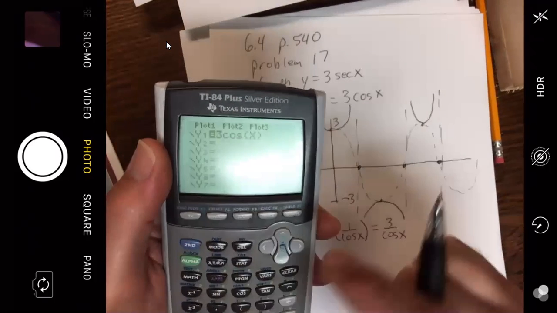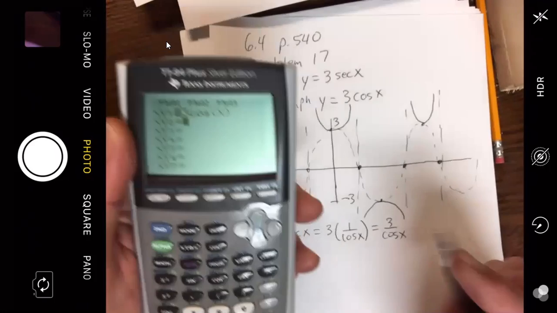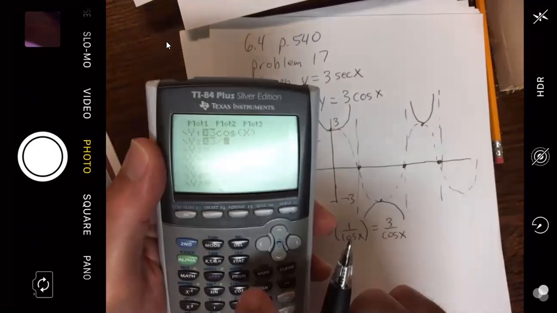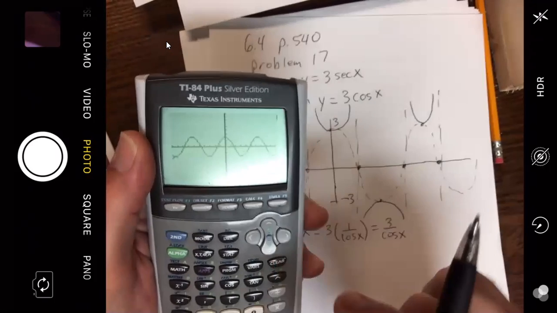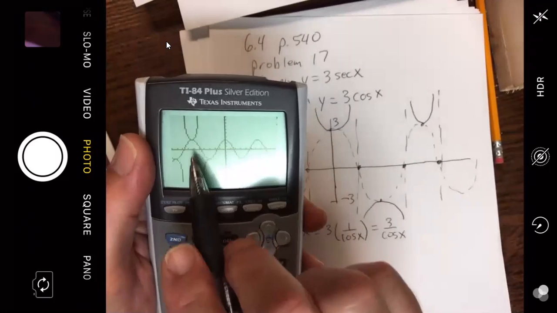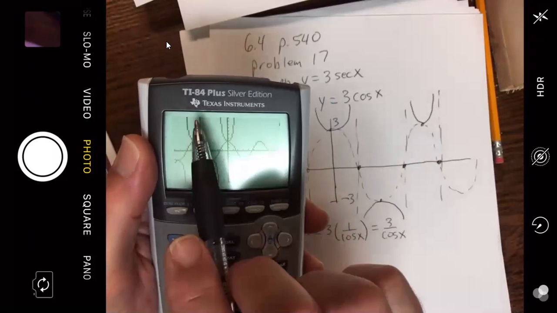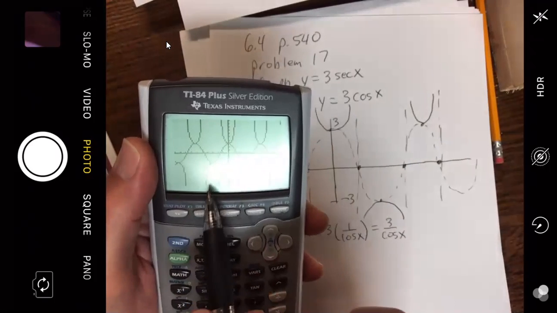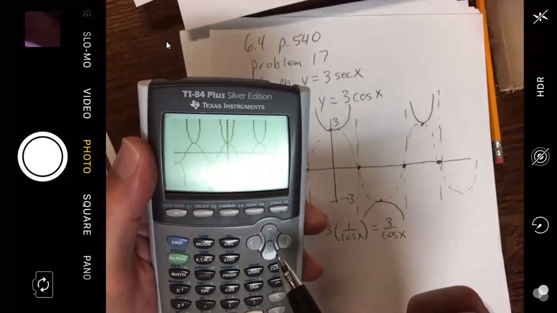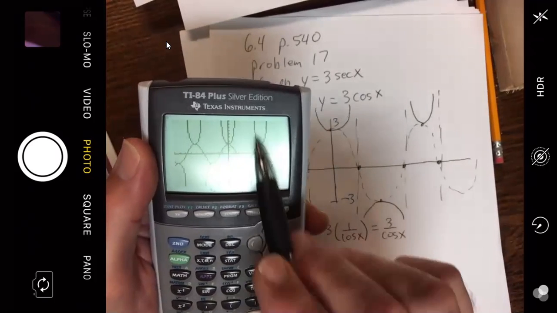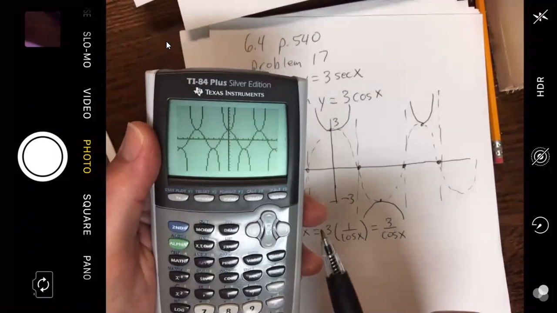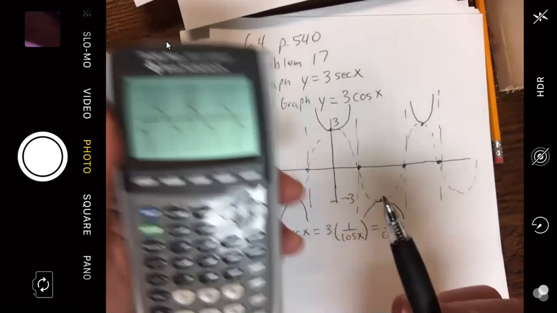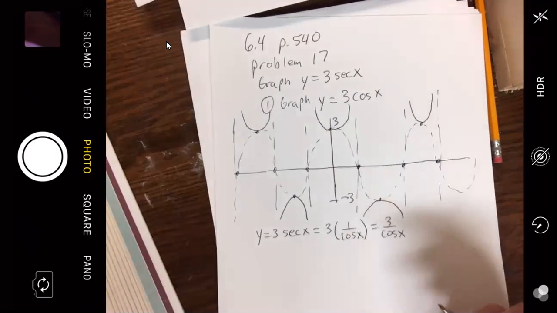Sorry about that. So I basically enter 3 divided by cosine x. So there's your center. And now you can see all the flipping up, the hump flipping up, the dip flipping down, etc. Between vertical asymptotes that flow right through the x-intercepts. The calculator doesn't draw the vertical asymptotes.